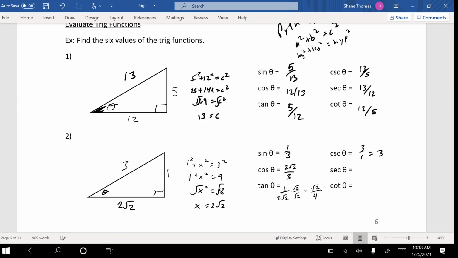Okay. Secant is going to be 3 over 2 root 2. So now I need to simplify it. That's going to be 3 root 2 over 4. And then lastly, cotangent, we said it's going to be 2 root 2 over 1, or just 2 root 2. You all right with that, guys?